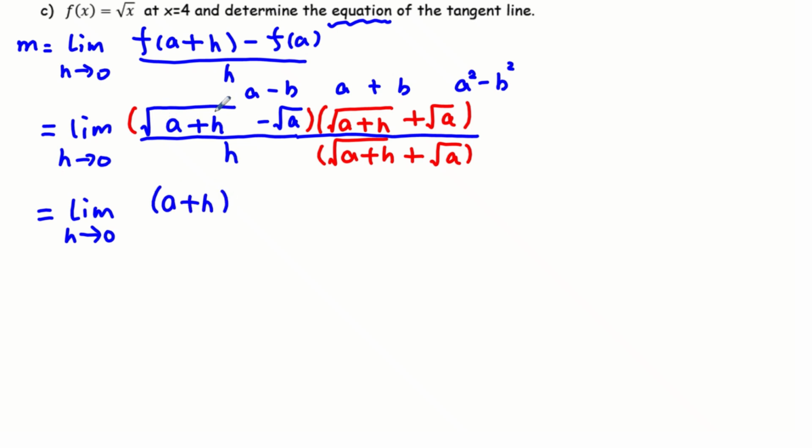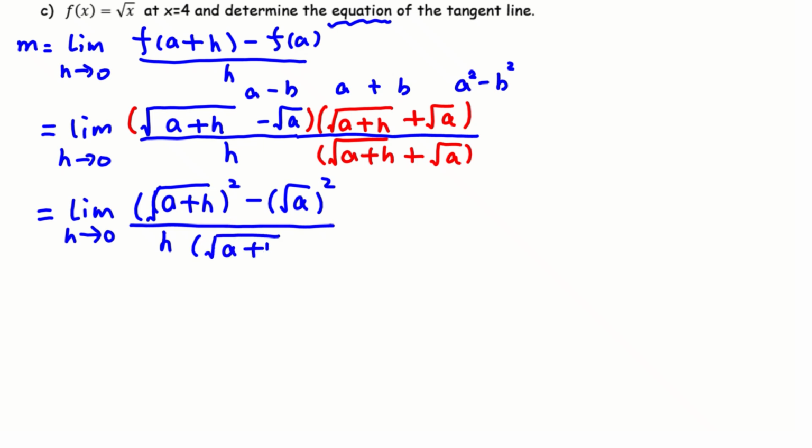So square root a plus h, then squared is out. So we could write it as square root, then bracket squared, minus square root, the b, then squared, all over h. Don't forget, you have square root a plus h plus square root a left for the denominator.